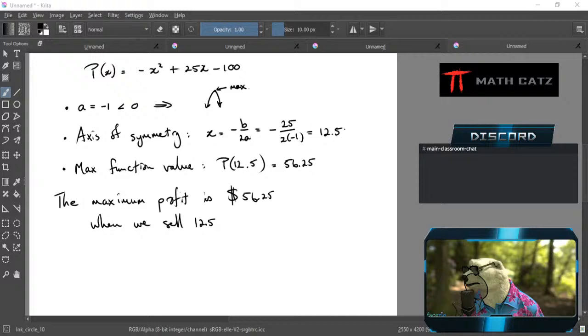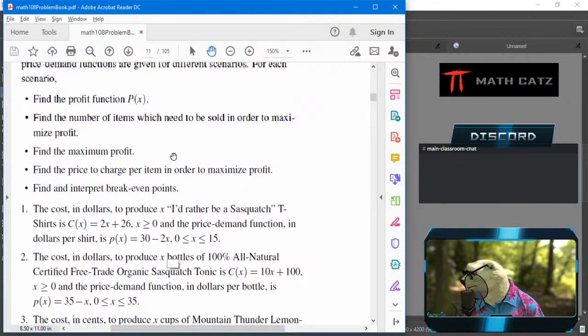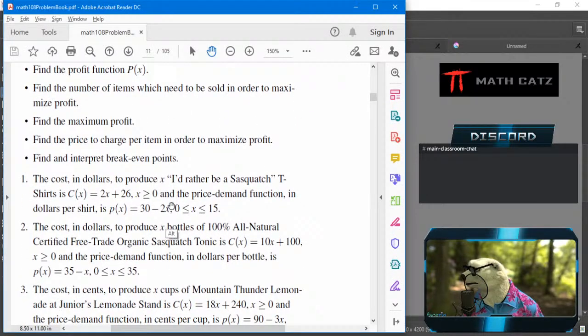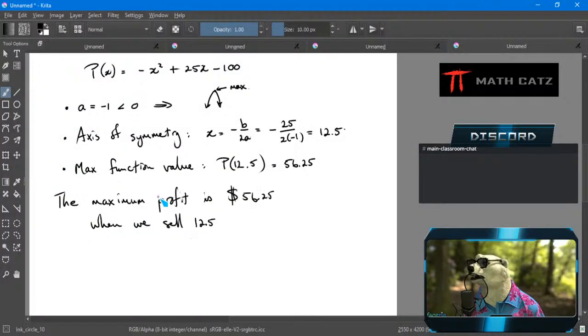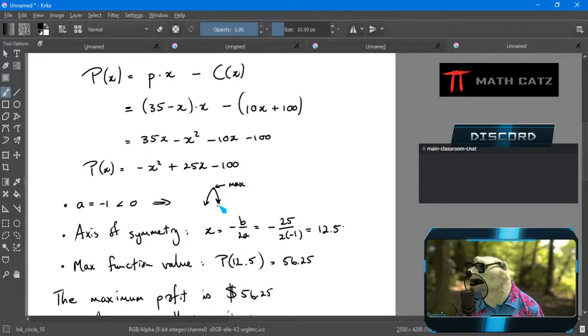So that was the first part: profit function, number of items, maximum profit. What is the price that would go with it? Or let's say then, the price per item is, well, my little p is the price depending on the items.